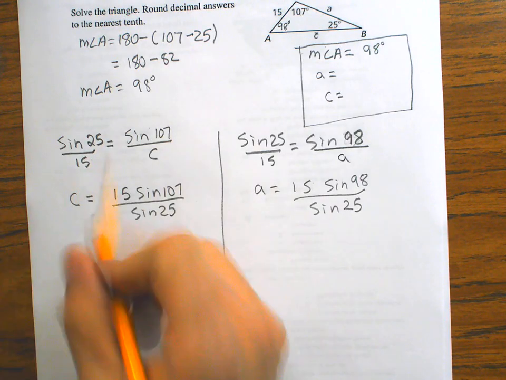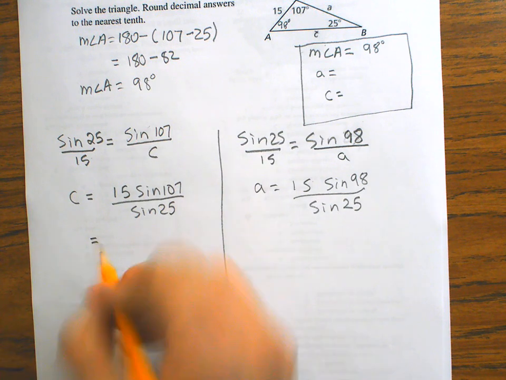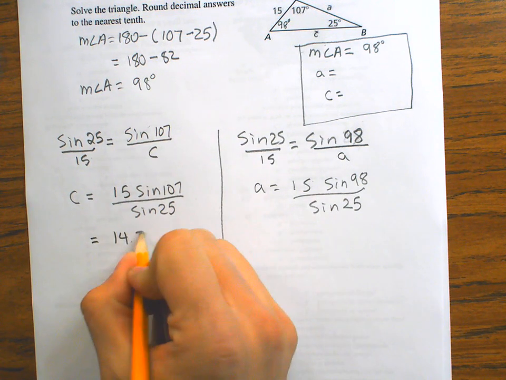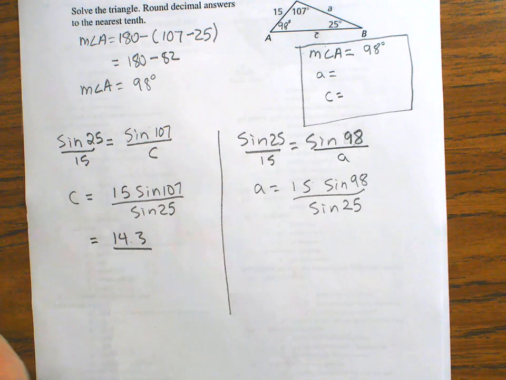So, calculator time. You need a calculator for all this, guys. So, 107, the sine of that, times 15, gives me 14.3. Actually, no, I should take it back. I should really do at least 2 decimal places, just for accuracy reasons. Sine times 15.